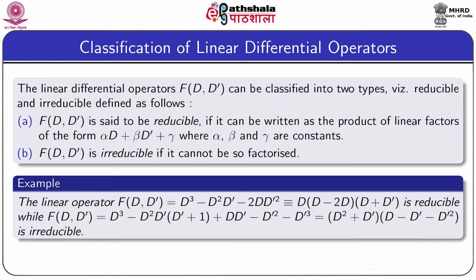If we observe, these two factors are not further reducible to linear factors. So, this F is called irreducible.